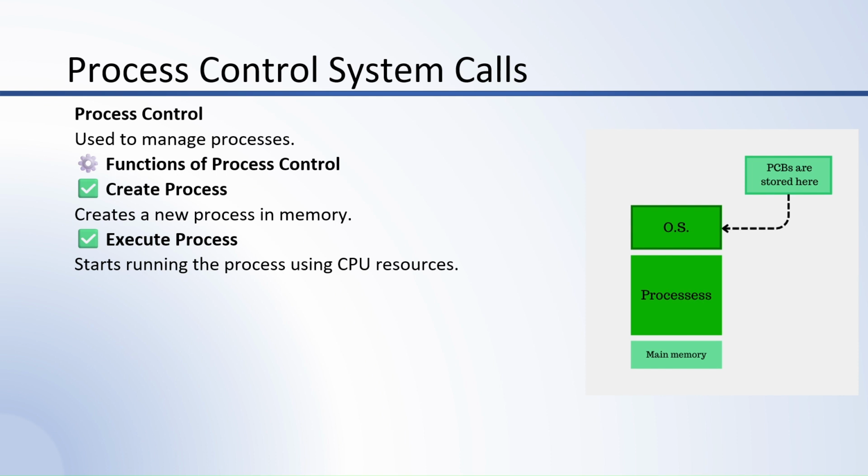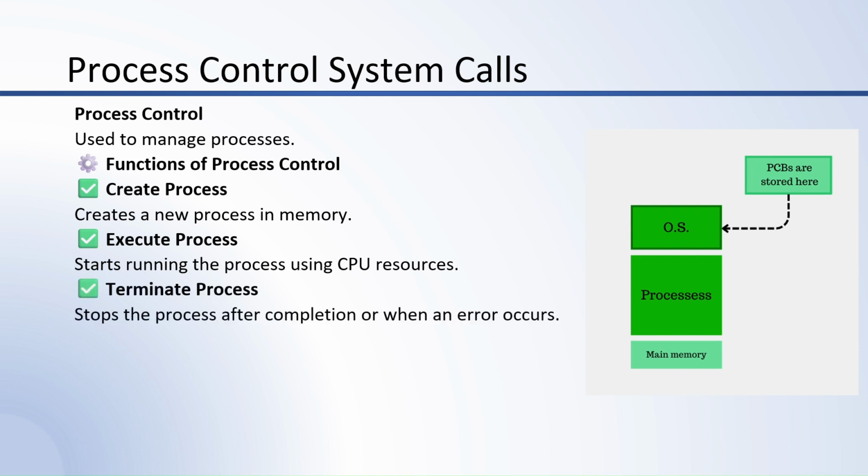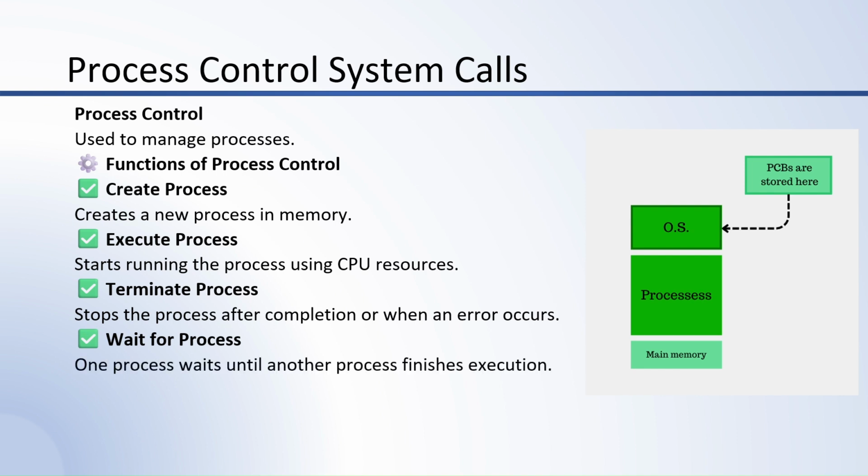Terminate process. When the application is closed, the operating system stops the process and frees memory resources. For example, closing Chrome terminates the Chrome process. Wait for process. Sometimes one process waits until another process finishes execution. For example, during software installation, the system waits until setup is completed before moving to the next step.